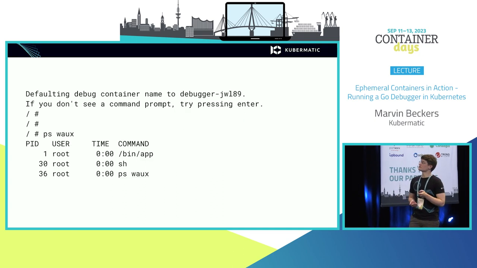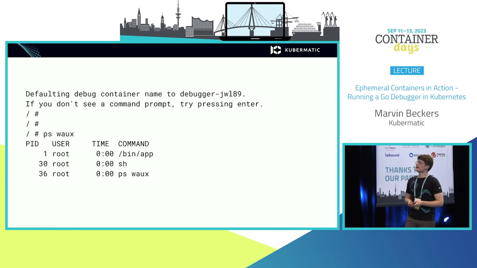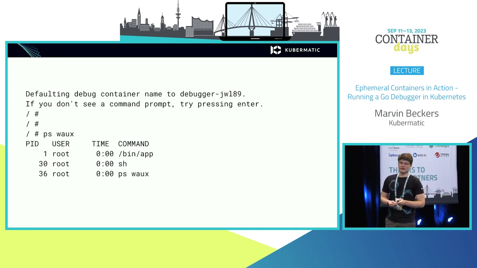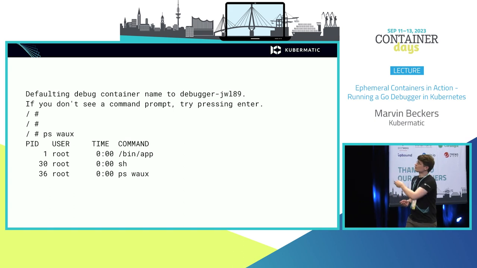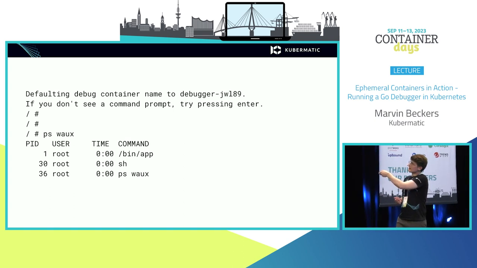If I run this command, I will be dropped into a busybox shell, nothing fancy here. But the important bit is, if I look at the processes that this ephemeral container has access to, we are seeing my shell that I just launched, and we're seeing the ps command to look at all the processes I can see, and there's the /bin/app.